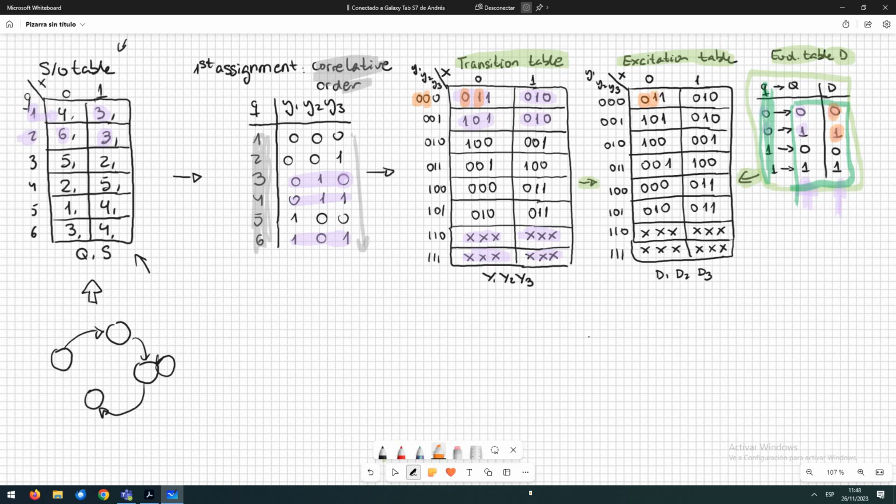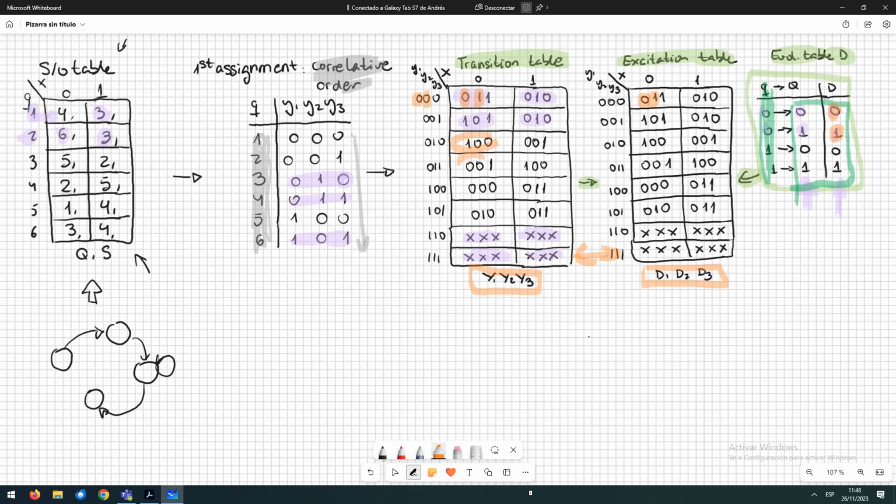If you look at the table, you can see that both tables are the same, because only in the case of the bistable D, the input is going to be equal to the value of the next state. So in this table that we have the input, we can copy the value of the next state. In order to have a specific next state, we have to put in the input the value of that specific next state.